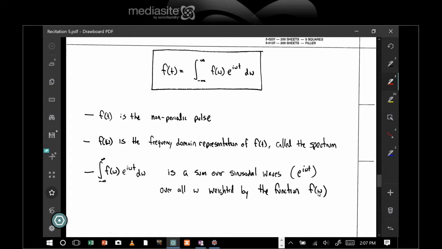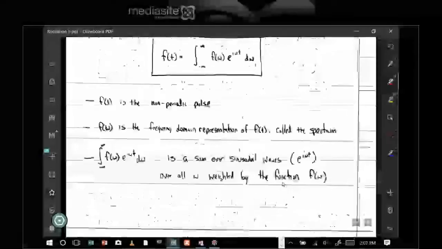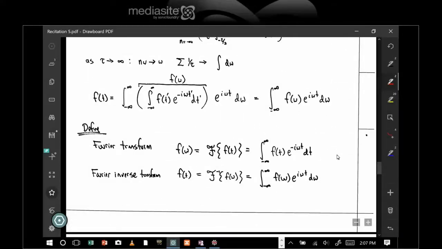Now, typically in a math class, they would just define the Fourier transform. The first thing they would show you is this. This is the Fourier transform: given a function f of t, I can get F of omega by doing this integral. And then if I want to get f of t back, I take my answer from here and stick it in the inverse transform and get the answer back.